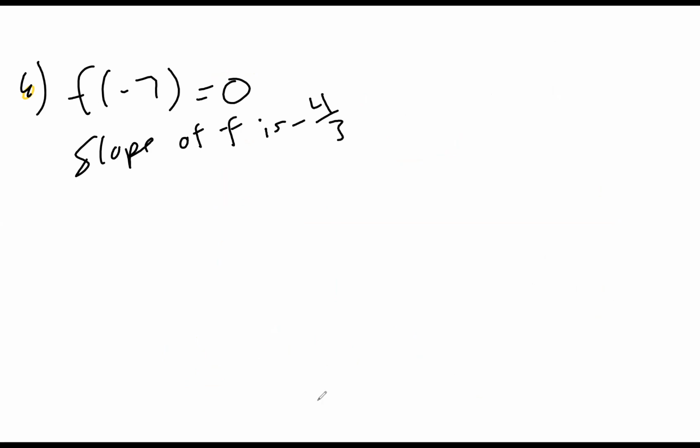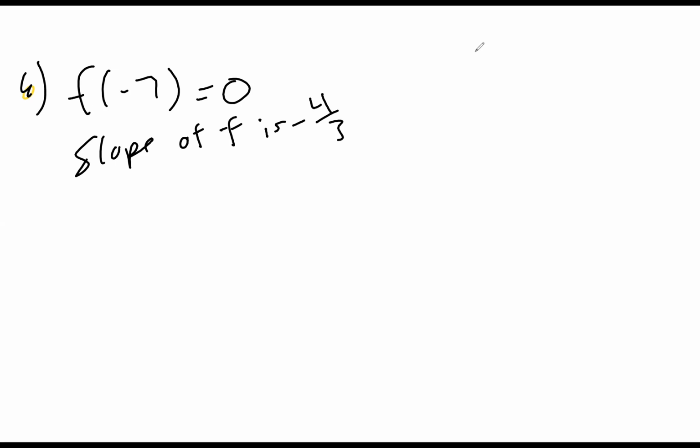Okay, so in these instructions, what it's asking me to do is write a linear function that has these particular properties. And so what we had done when we did these types of problems is we looked to see what we were given, and we labeled everything.